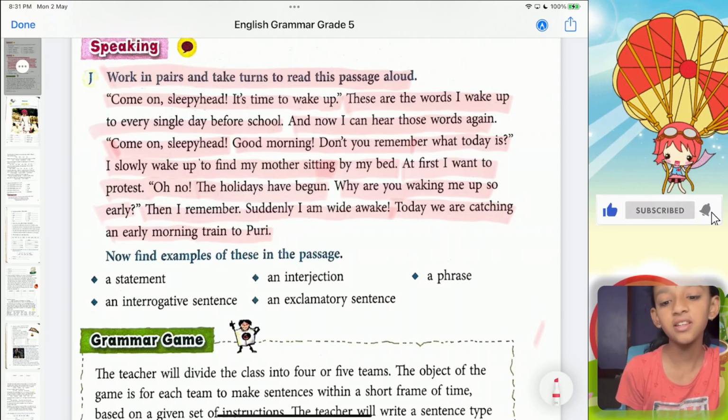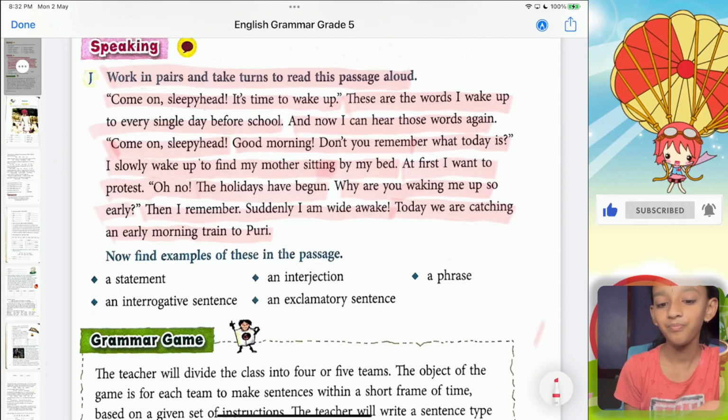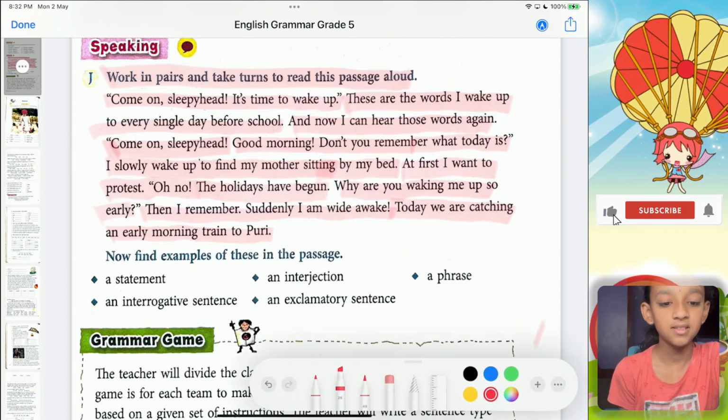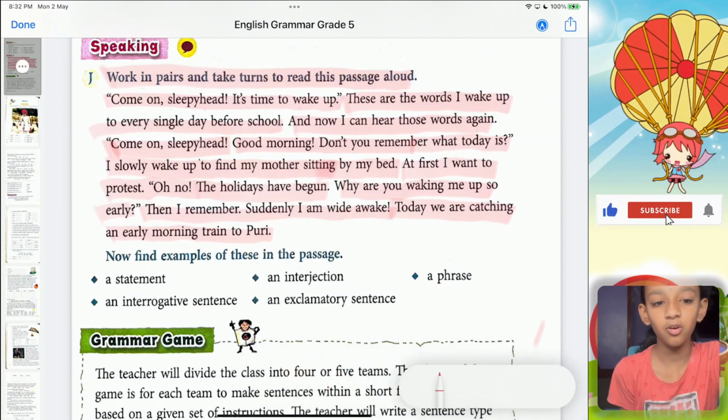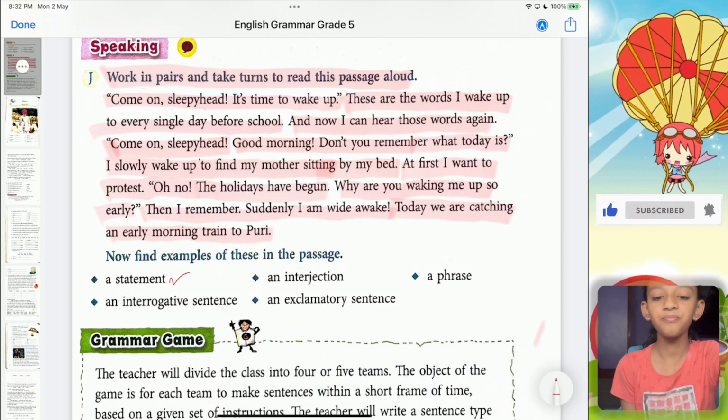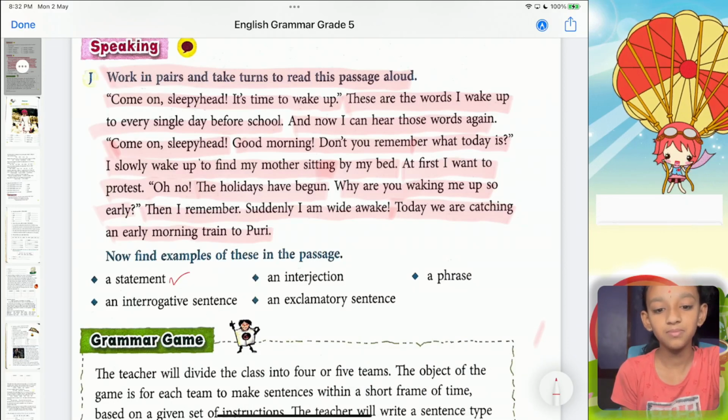Today we're catching an early train to Puri. Yeah, that is a statement. So I'm going to tick here. Can you find an interjection?